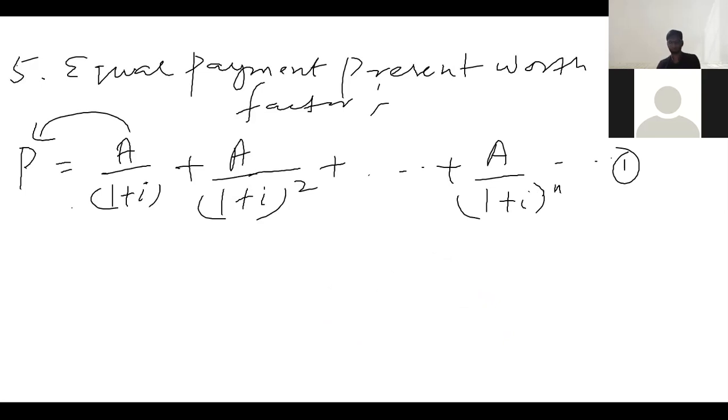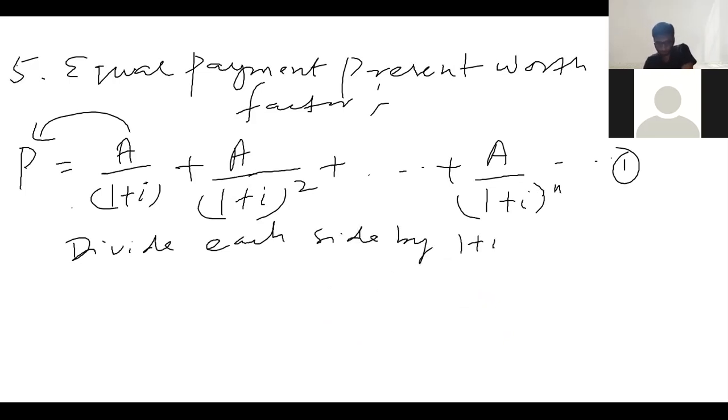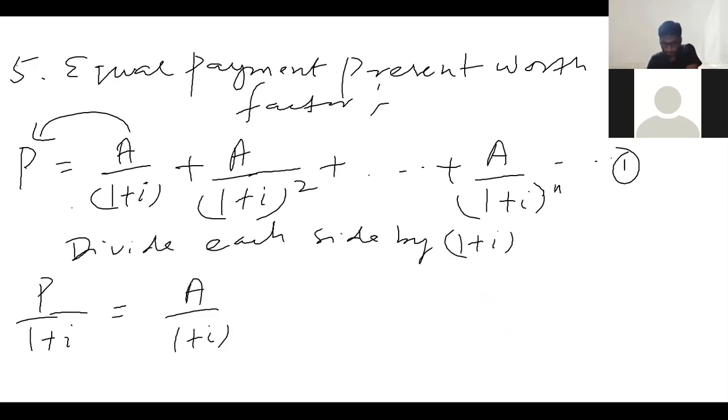What I do is divide each side by 1 plus i. So what I get is, square.